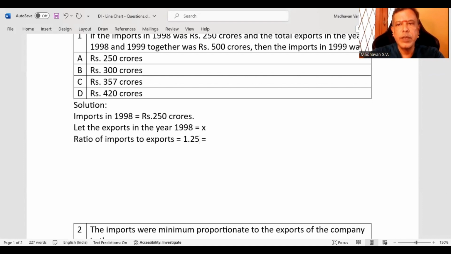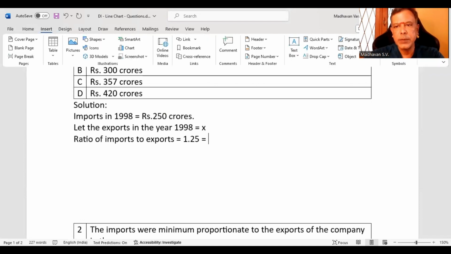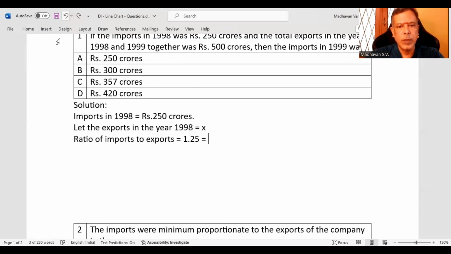And that, we know, is imports divided by exports.